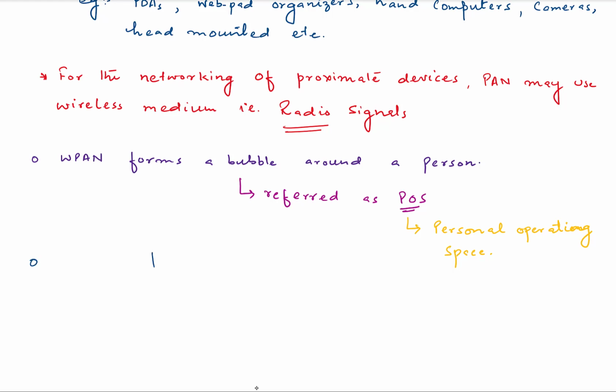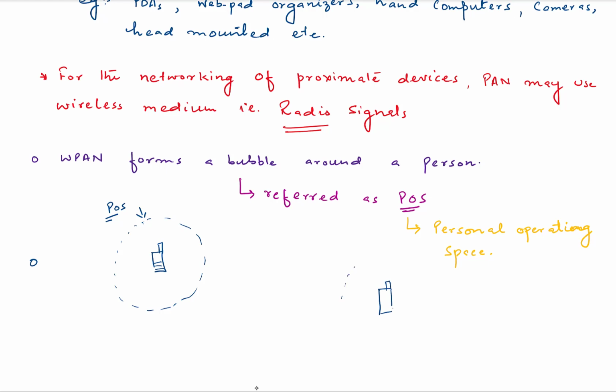Suppose here we have device 1 and it has its POS like this. So this is referred to as POS. POS means personal operating space of this particular device. And you will have another device. Suppose here you have another device.